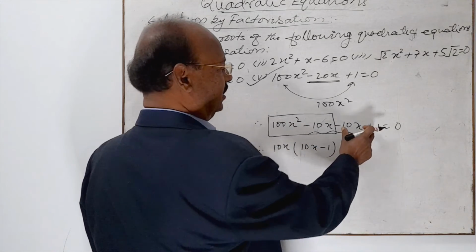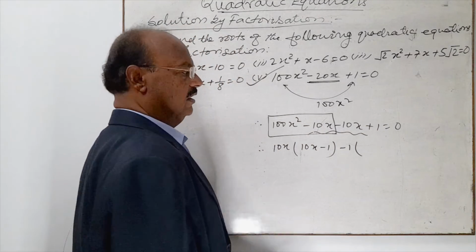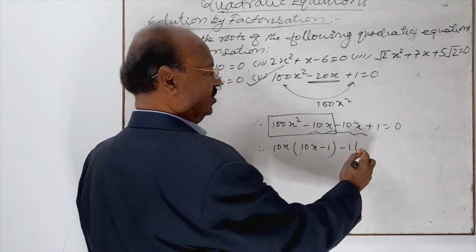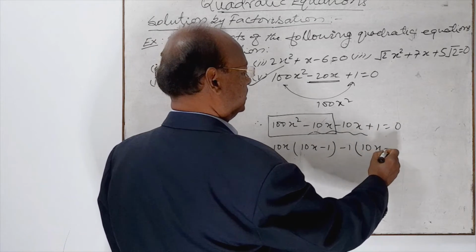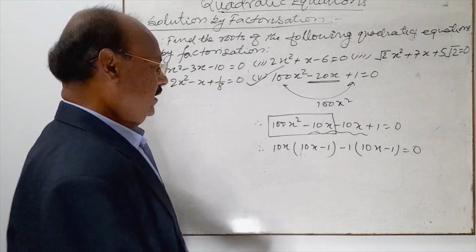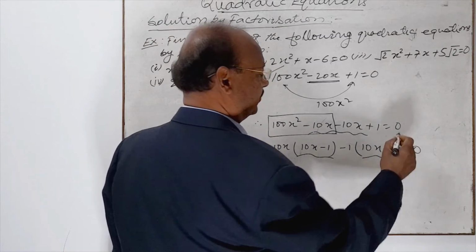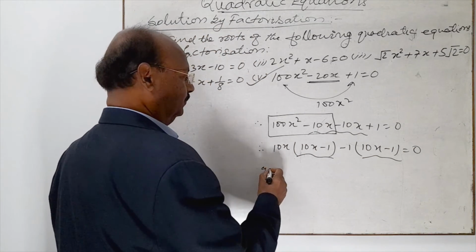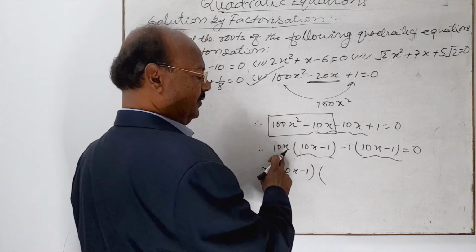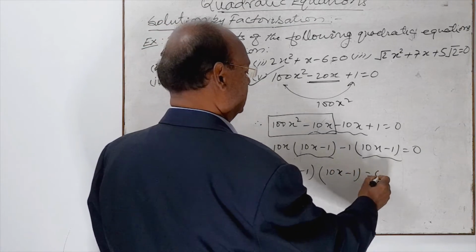Similarly, in the second term we will take minus 1 common, so that the expression inside both the brackets will be the same. So here we will get 10x minus 1, this is equal to 0. And we will take 10x minus 1 common from these two terms. So 10x minus 1 is common. Here the remaining part is 10x and this is minus 1 is equal to 0.